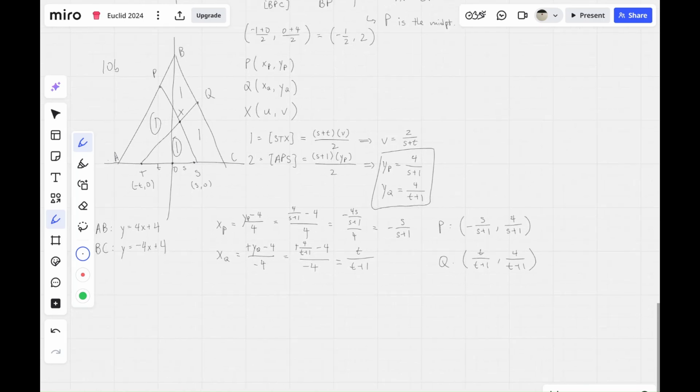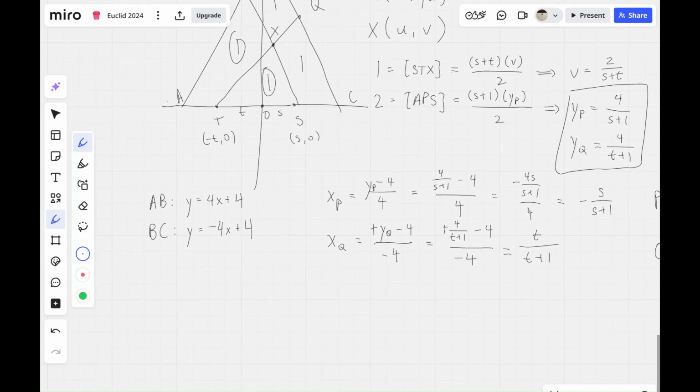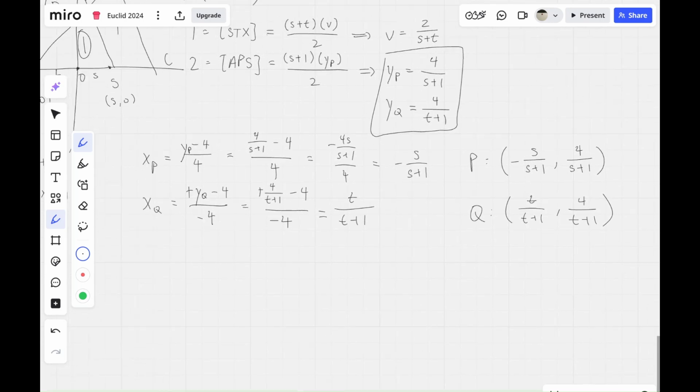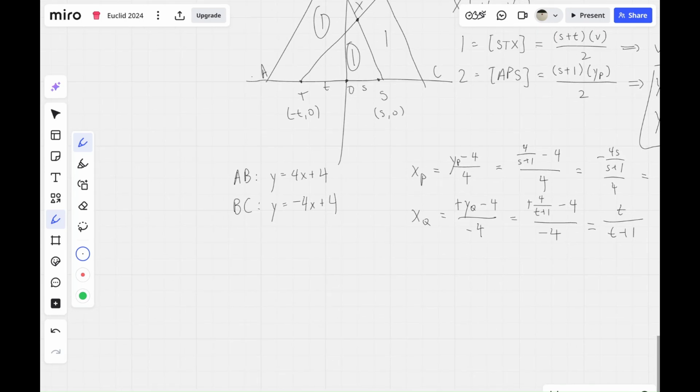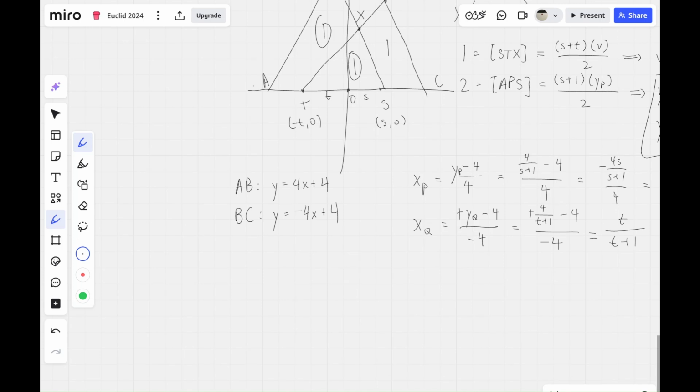But we still don't have an equation to relate s and t. So therefore we need to look at triangle STX, particularly point X, which is the intersection of lines SP and TQ. Since we know the coordinates of S and P, we can calculate the slope of the line. S is (s, 0), P is (negative s over s plus 1, 4 over s plus 1).